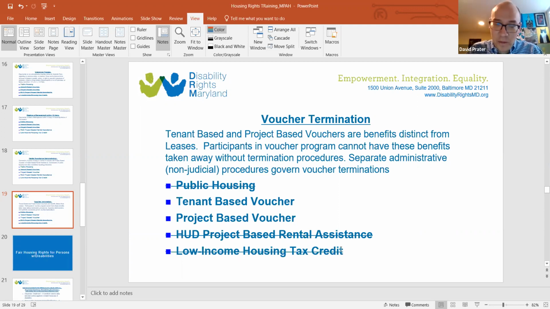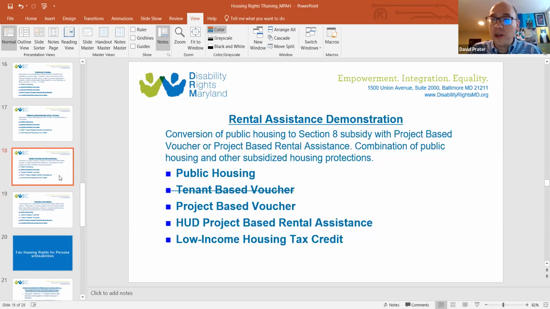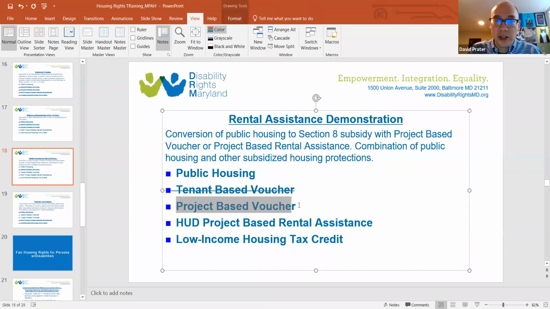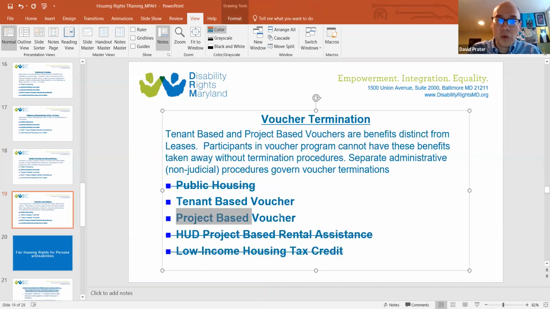I will also note that for properties under this RAD program, sometimes the landlord and the housing authority are the same person with this project-based voucher.